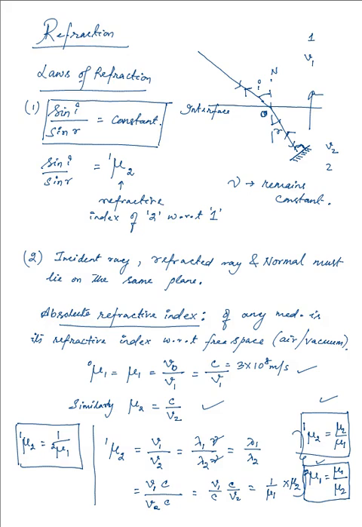But the constant term that we will be getting in this case will be exactly the reciprocal of the constant as obtained over here, because we are interchanging the numerator and the denominator terms, which is what we have obtained over here down below. That is, the refractive index of the second with respect to the first will have to be the reciprocal of the refractive index of the first with respect to the second.